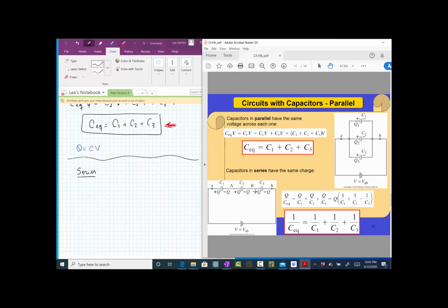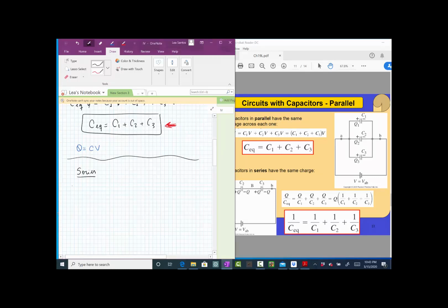So let's write this down. When we have capacitors in series, the Q is the same for all capacitors. So there is this balance. If there were not, the electrons would still be moving until they found this balance.